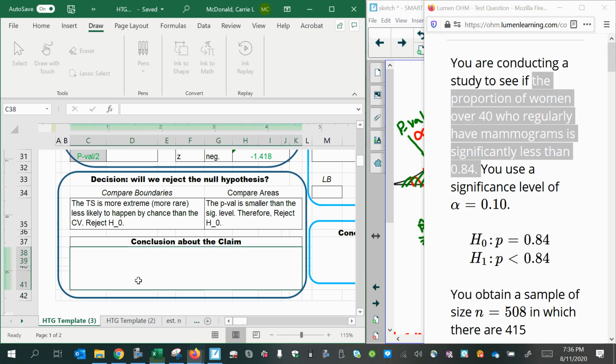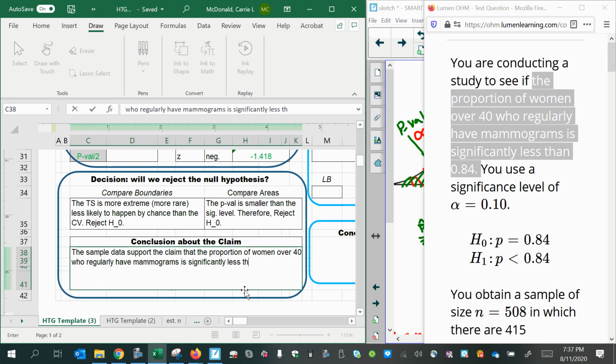Okay, so let's see. How would I word this? I would say the sample data support the claim that the proportion of women over 40 who regularly have mammograms is significantly less than 0.84.